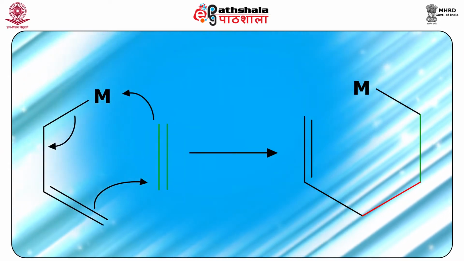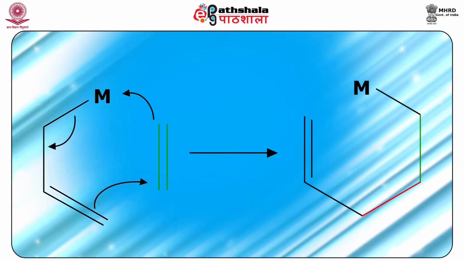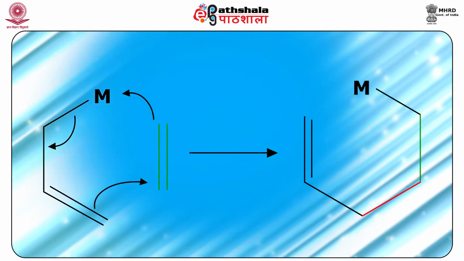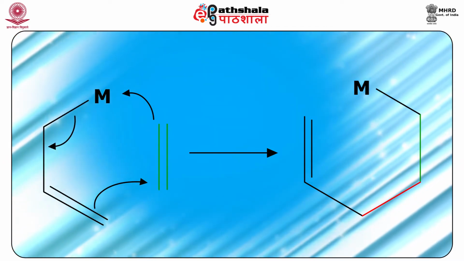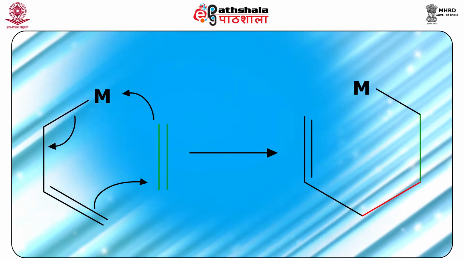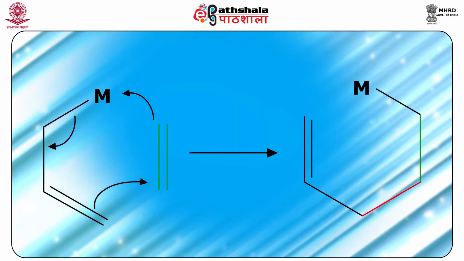In general, in the ene reactions, a hydrogen atom moves from the ene component to the enophile. But other atoms can also move equally well in principle.